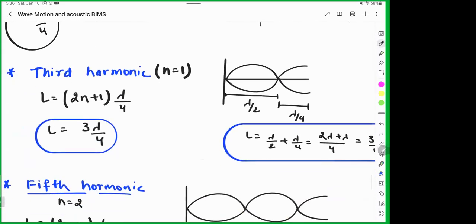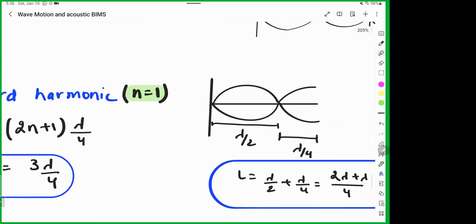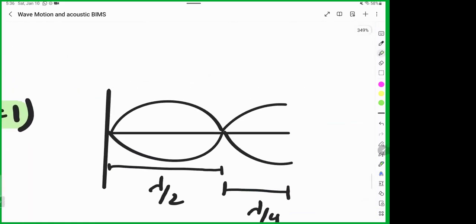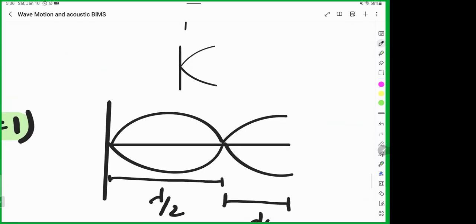Okay. Third harmonic, when n value is equal to 1, imagine what will happen. The basic value was like this. This was basic. And your length was lambda by 4. What will be the next value?